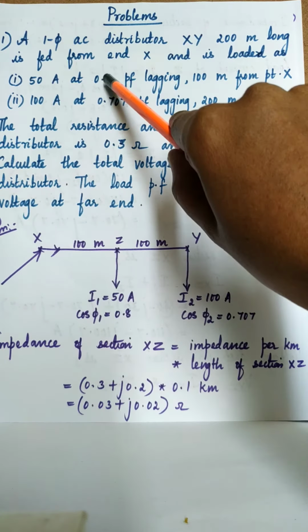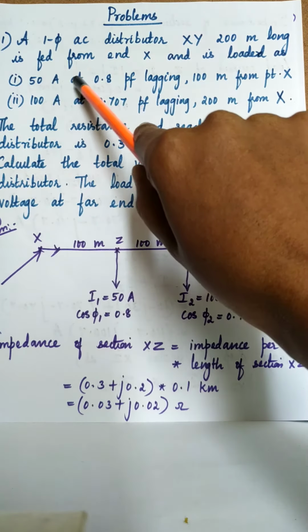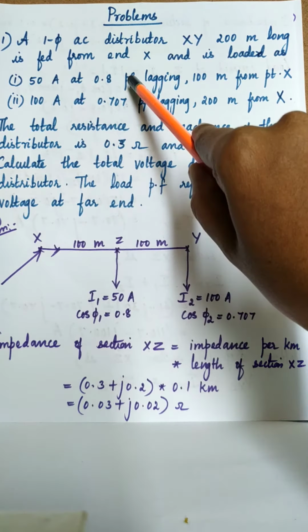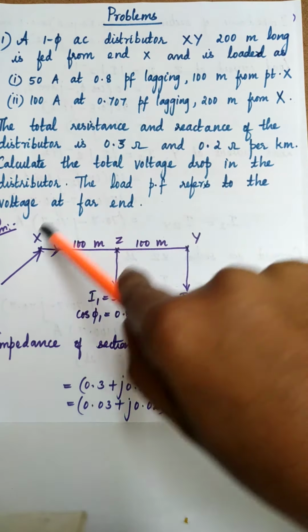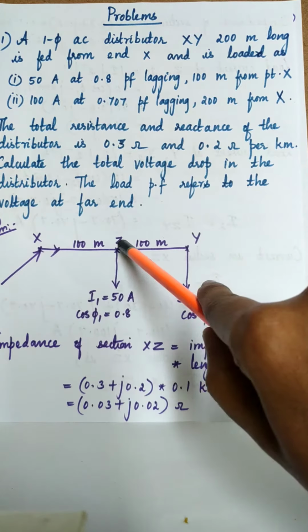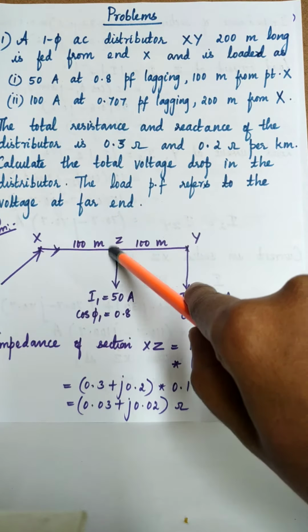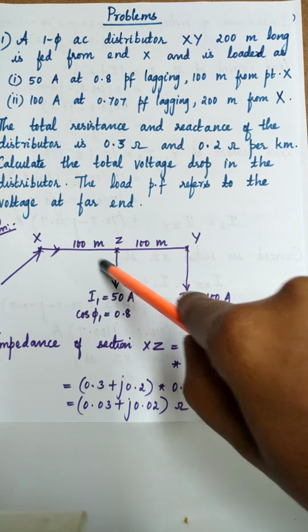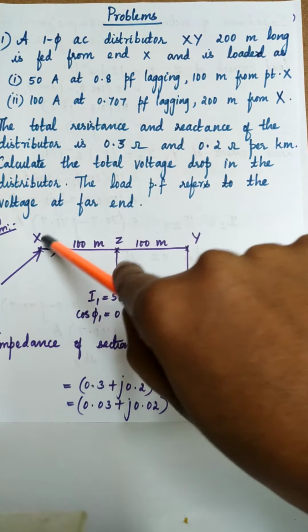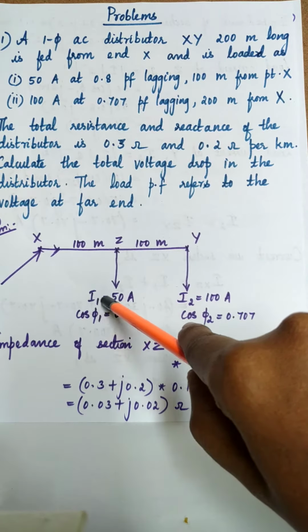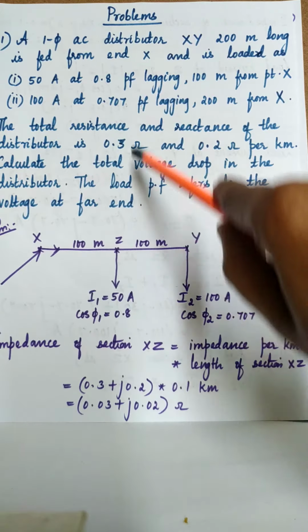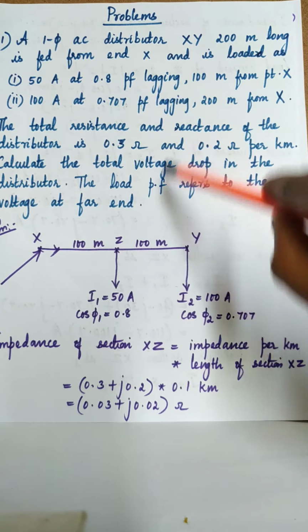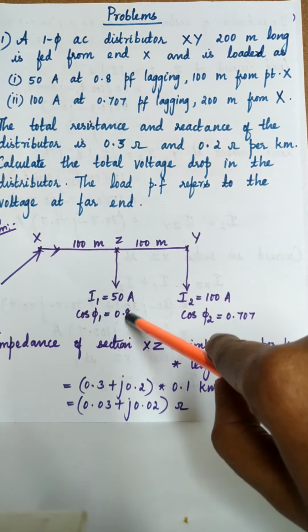So there are two loads. The first load is 50 ampere, 100 meter from point X. I have taken a point Z at which the first load is tapped, and it is at 100 meter from X. The magnitude of current I have written as 50 amperes and it is 0.8 power factor lagging, so cos phi 1 is 0.8.